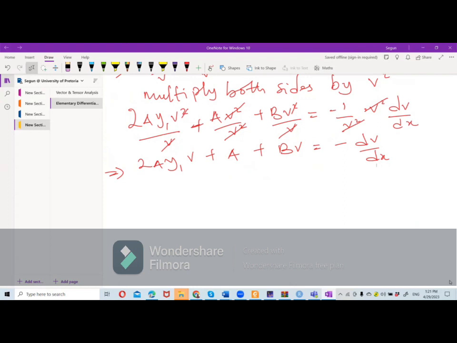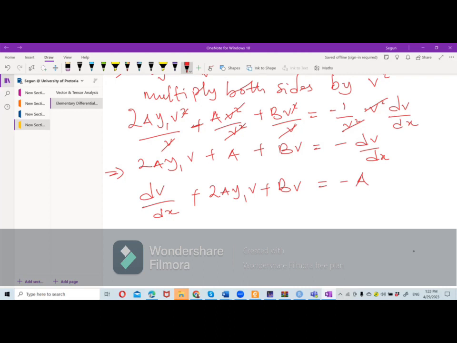So I now have the dv dx here. A is a constant. I can take a out and bring the dv dx in. You have a dv dx plus 2a y1 v plus b v equals minus a, because when a moves to the other side, it becomes minus a.